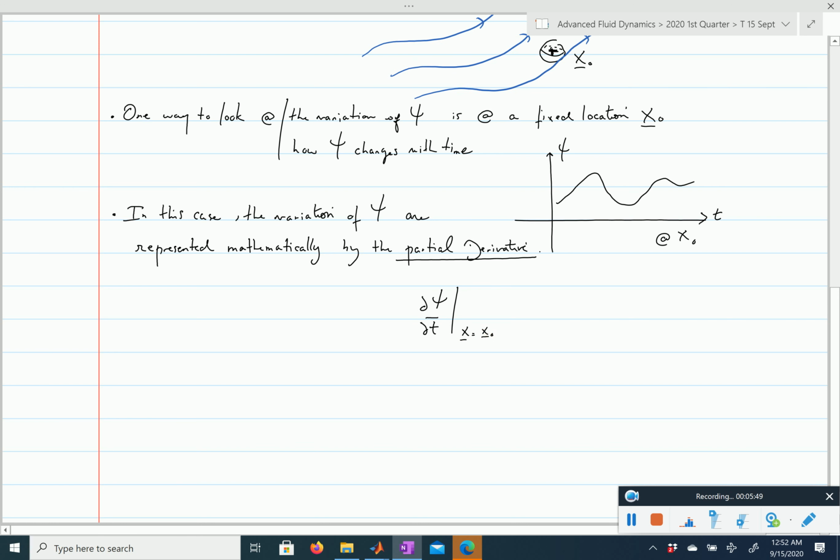We're holding all of the other independent variables x, y, and z, so the position, fixed. When we look at the variation of the function psi in this way, that is the Eulerian point of view.